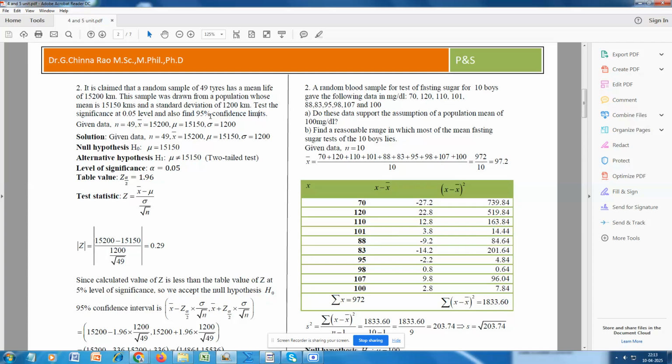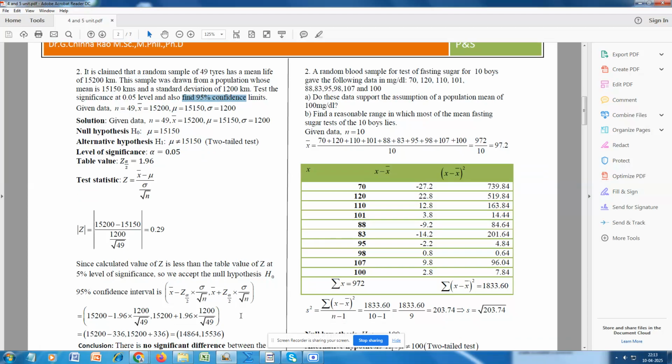If an examiner asks to find 95% confidence limits, we have to find. Otherwise, no need. But here examiner asks to find 95% confidence limit. 95% confidence interval is x bar minus z alpha by 2 into sigma by root n, comma x bar plus z alpha by 2 into sigma by root n.